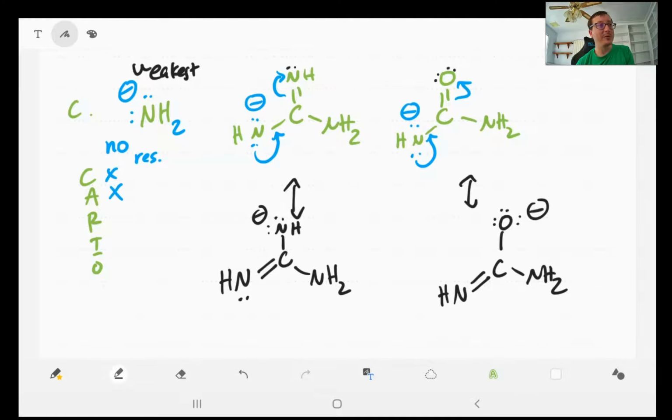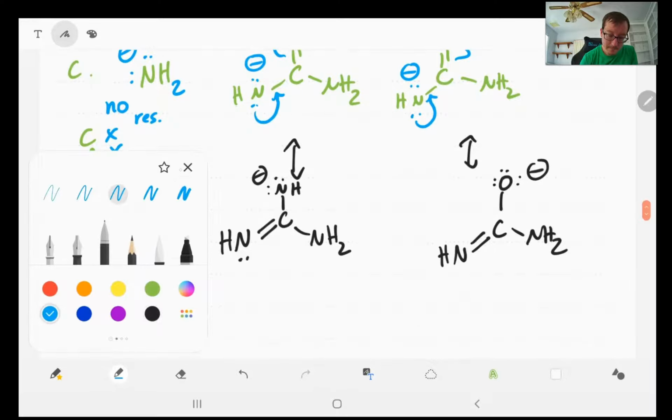This middle molecule, we've moved our negative charge from nitrogen onto nitrogen, essentially making the same molecule. And with the next one, we've moved it from nitrogen onto oxygen. And we see, that's better. Remember, oxygen is better equipped to handle a negative charge than nitrogen is, because oxygen is more electronegative.